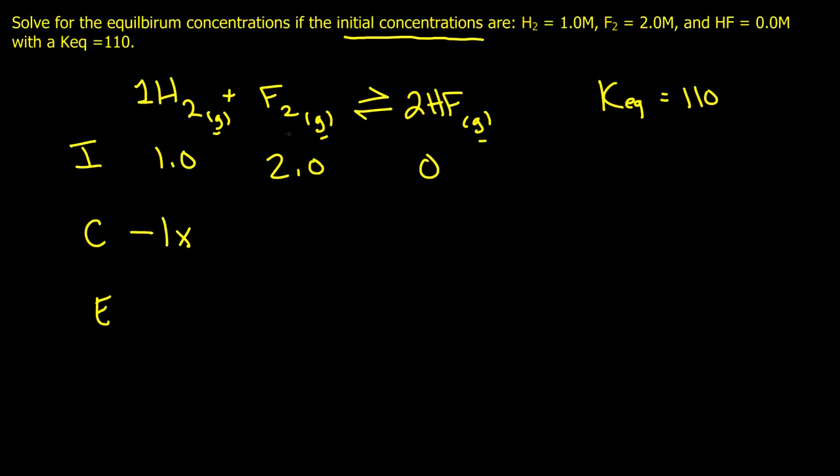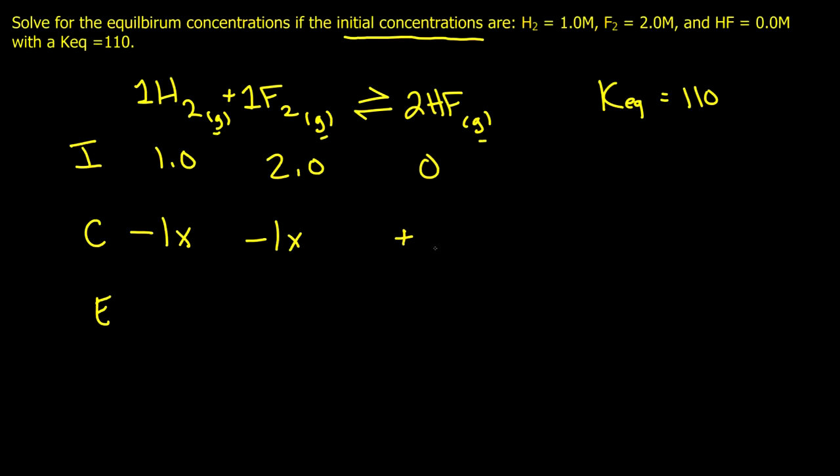So let's do F2. It's a reactant, so it's lost. It has a 1 coefficient, so it's going to be lost by 1 times the amount, and that amount I don't know, so it's going to be X. The change at equilibrium will always have a sign, a number, and an X. So let's do the product now. You're always going to gain product from your initial concentration, so your product will be plus.